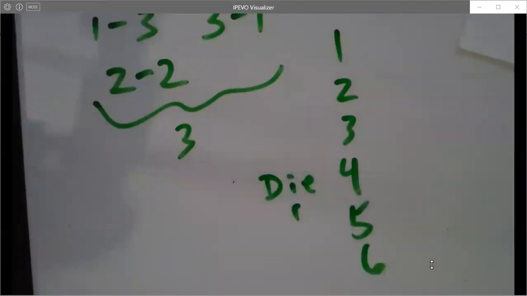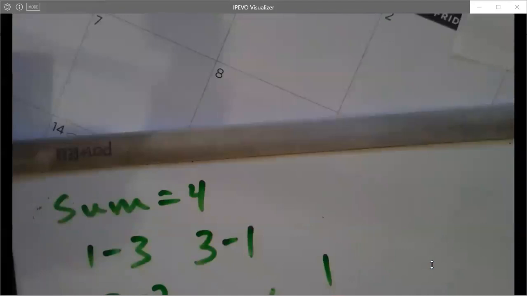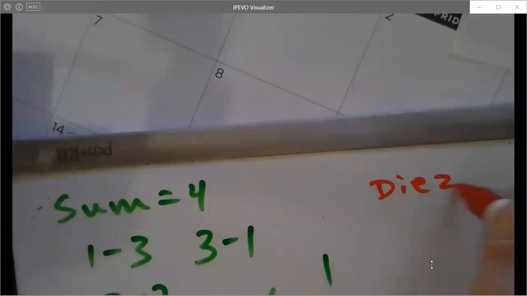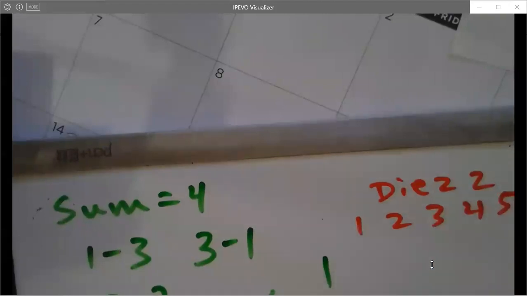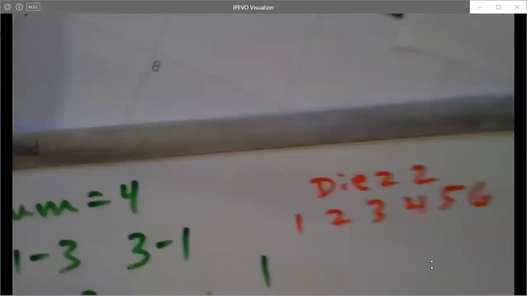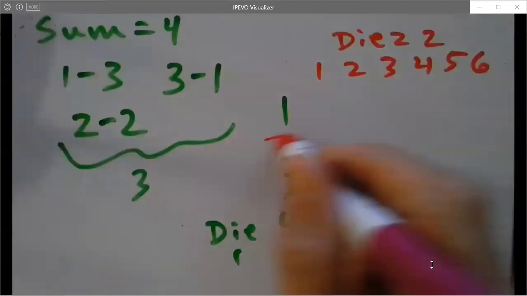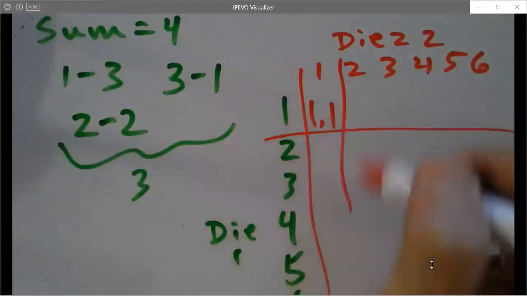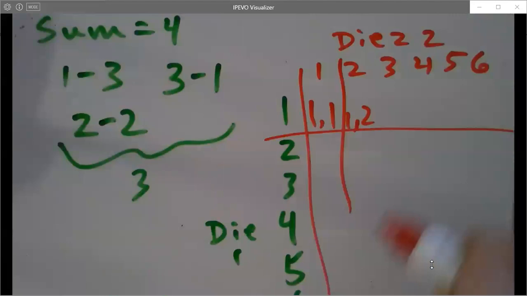And for die 2, let's say die 1 is green and die 2 is red, you've got 1, 2, 3, 4, 5, 6. Altogether, 6 times 6, there's a total of 36.